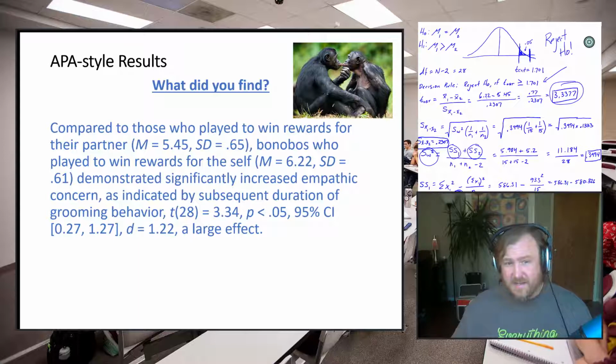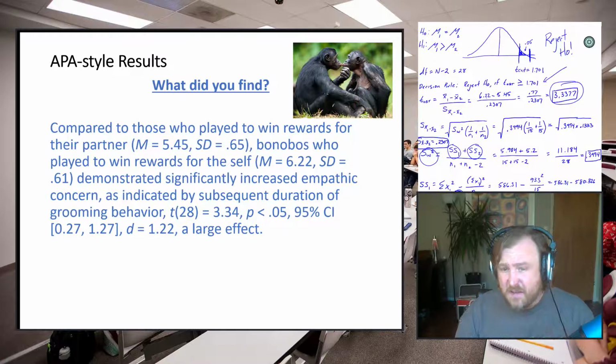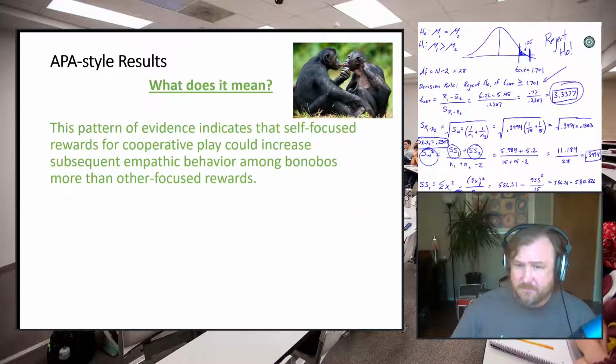So this says that the difference between these two means in the population is going to fall somewhere between 0.27 and 1.27. And then we report our effect size, Cohen's d, of 1.22. And we state the magnitude of the effect. And in this case, it's a large effect.